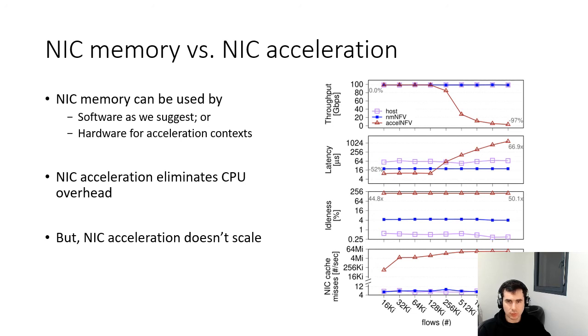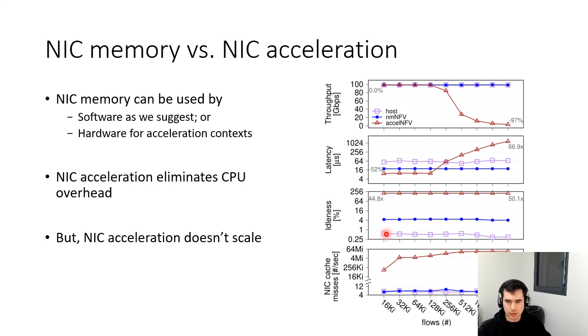So we run a network function that counts the number of bytes and packets per flow, and we vary the number of flows. And we see that NIC acceleration eliminates CPU overhead entirely, as we can see in the idle graph.